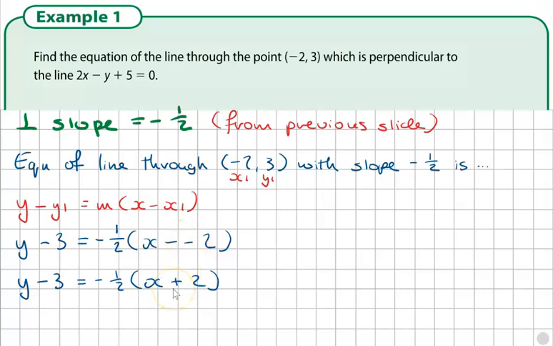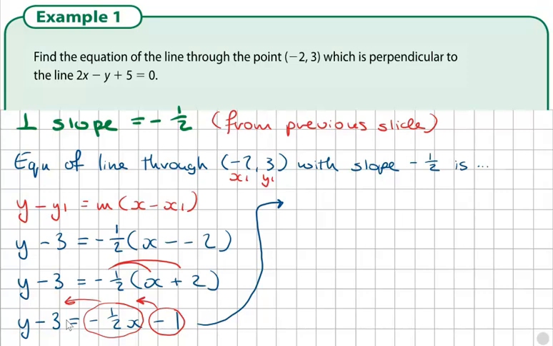So we're going to keep simplifying. We are going to multiply minus a half by x and minus a half by 2. So we bring down the y minus 3 and the equals, and minus a half by x gives us minus a half x, and minus a half by 2 gives us minus 1.